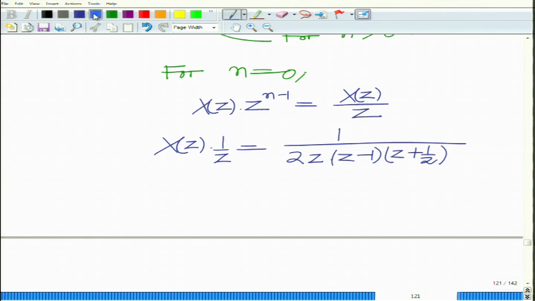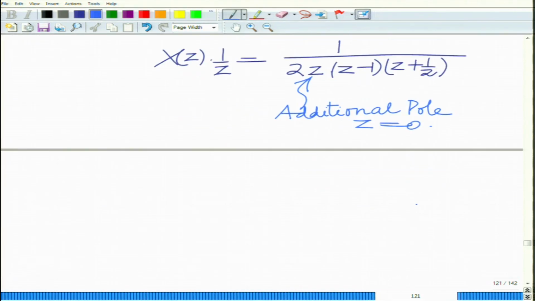Now, note that because of this division by z, x(z) by z, at n equal to 0 we have an additional pole at z equal to 0. Because of this z raised to n minus 1, for n equal to 0 it will be z raised to minus 1.